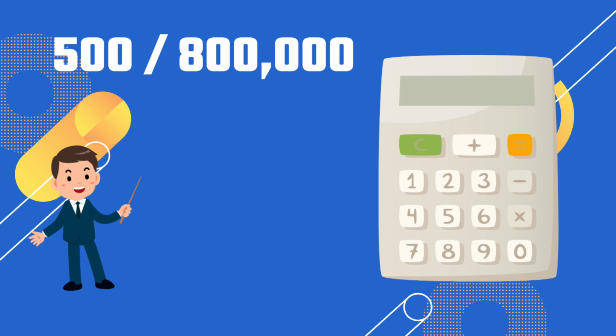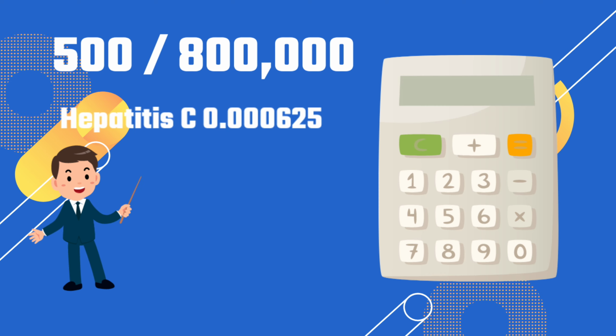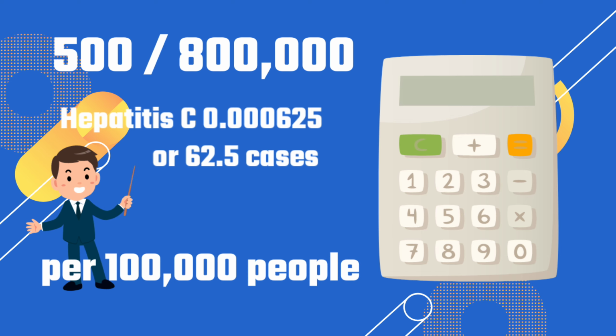You can then say that the incident rate of hepatitis C in this population is 0.000625 or 62.25 cases per 100,000 people per year. Malinaw na ba ang rate para sa'yo? Cool! Isunod naman natin ang prevalence.